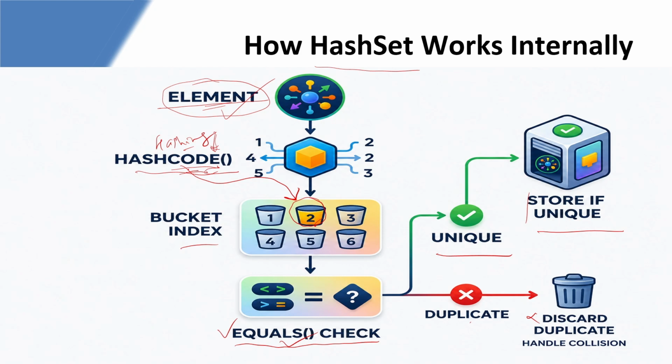To check whether it is a duplicate or unique. And if it finds that no element is the same as the new element, in that case, it will add this new element in the bucket. So that is the whole process of how it works internally for the HashSet.